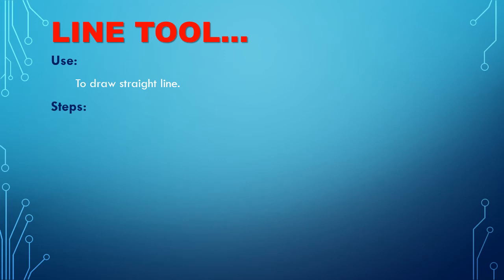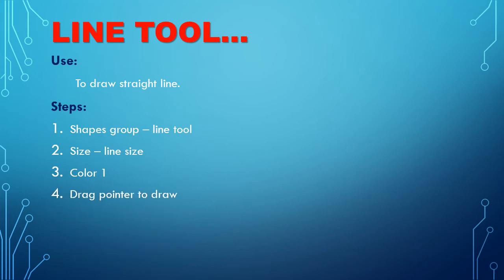First, in the shapes group, click the line tool, and next click the size button and then choose the line size. Third thing, choose the color from the color 1 section. And fourth one, drag the pointer in the drawing area to draw shapes made of lines.